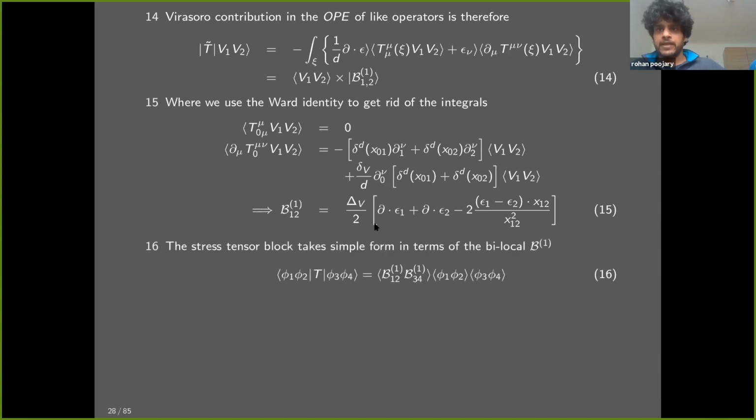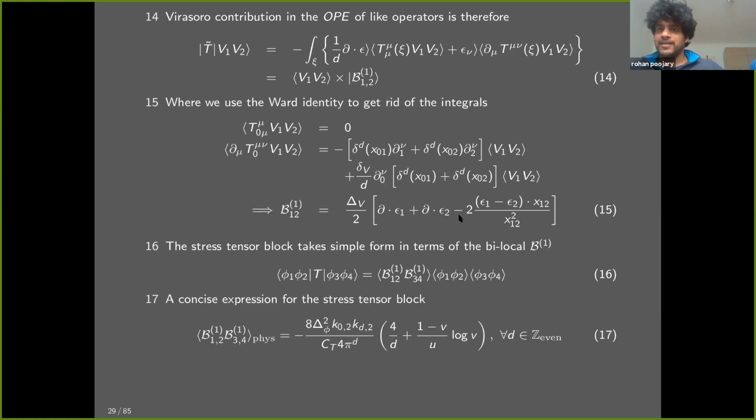And so the stress tensor conformal block looks like this in any dimension. Therefore, you have a nice closed answer, because B is basically bilocal, but it's linear in epsilons, and you know the 2-point function of epsilons. So you get a nice expression for the stress tensor conformal block, but it turns out that you only get expressions for even dimensions.